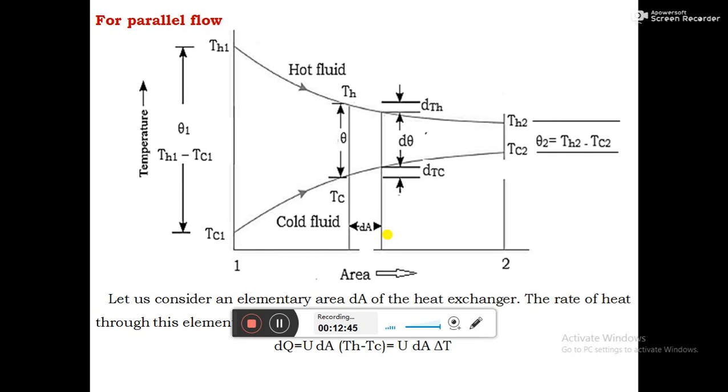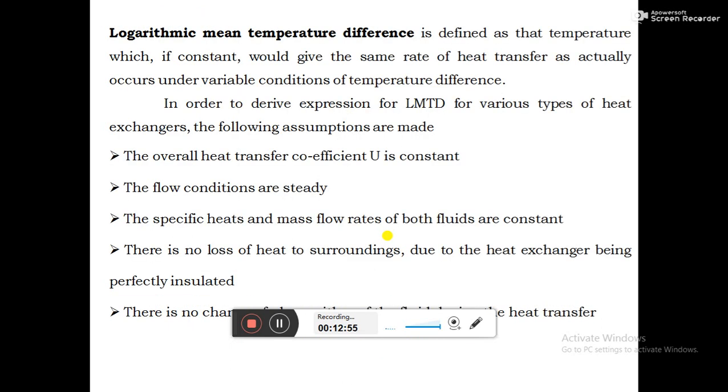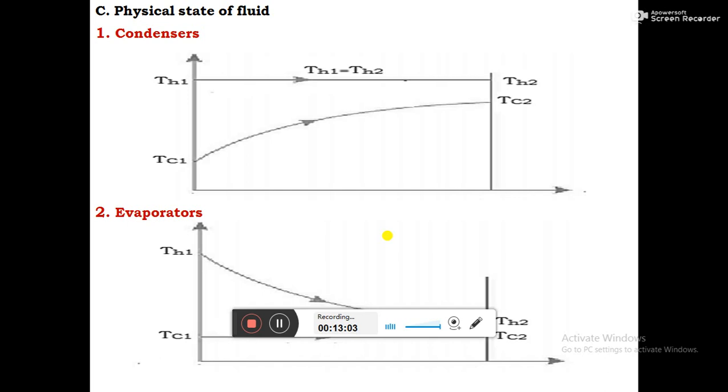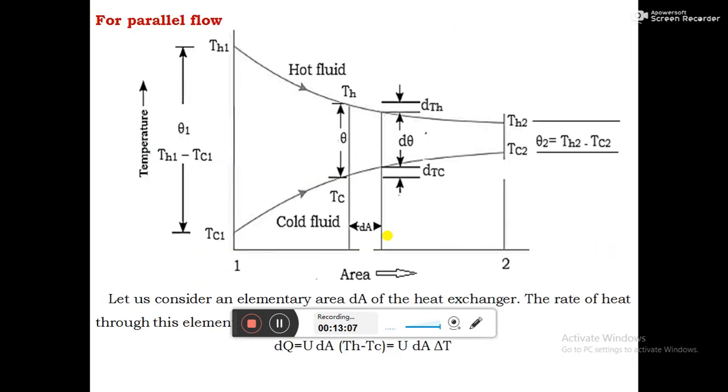Okay. The second assumption is that the specific heat of both the hot fluid and the cold fluid remains constant. The specific heats and mass flow rates of both the fluids remain constant. As we have already studied, the specific heat of any substance varies with the temperature.